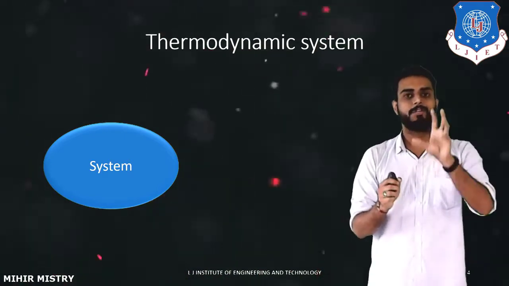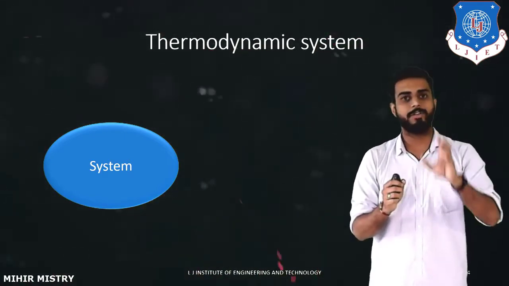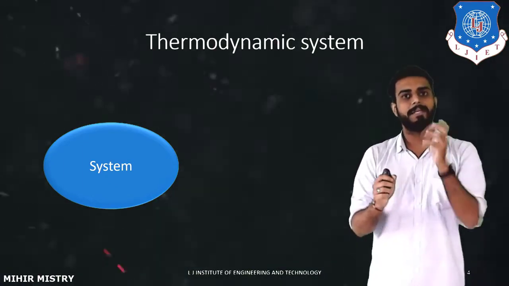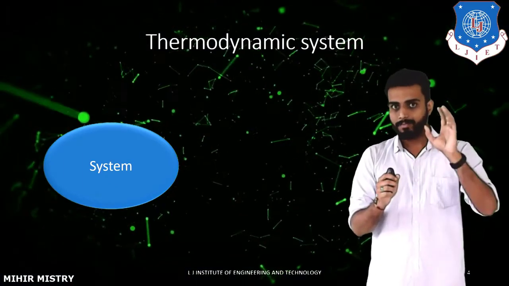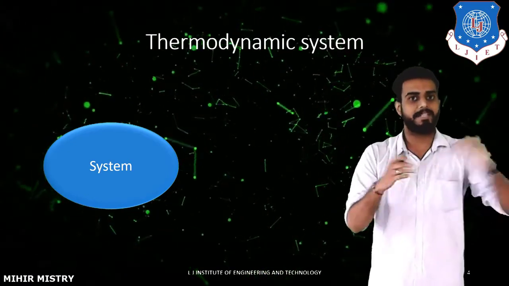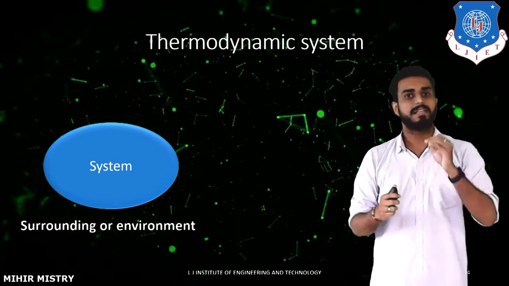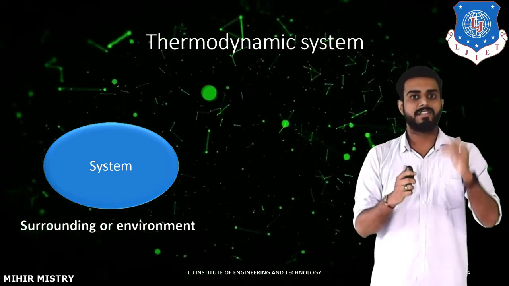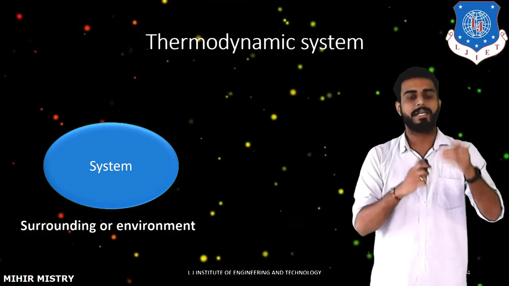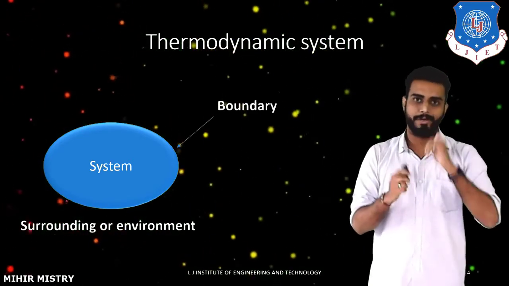For example, you want to install an air conditioner in your bedroom. So your bedroom volume or bedroom area will be your system. That is how the system can be defined. And everything except the system will be known as the surrounding, right? And the parting line between the system and surrounding will be known as the boundary.